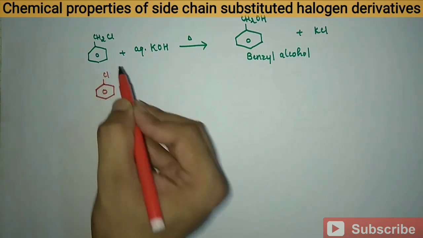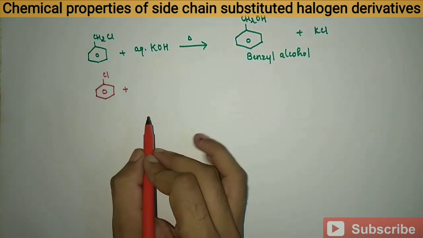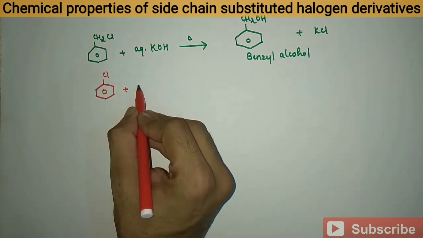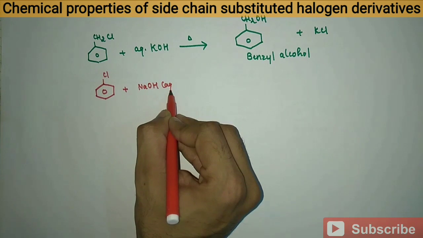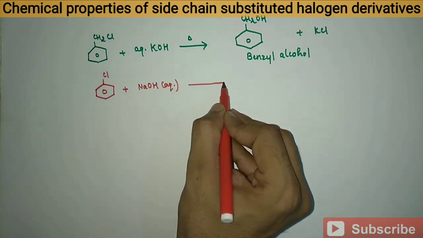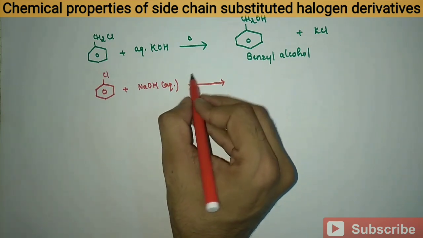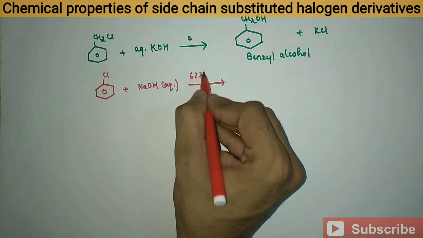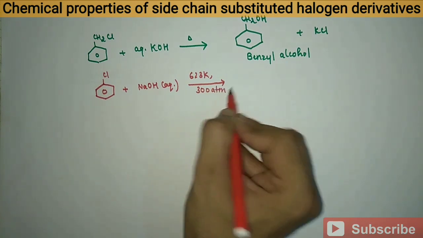This is chlorobenzene. Okay, this is unsubstituted. So it requires the drastic condition when it reacts with the aqueous alkali. It requires drastic conditions, like higher temperature and higher pressure, 623 Kelvin temperature and 300 atmosphere pressure.